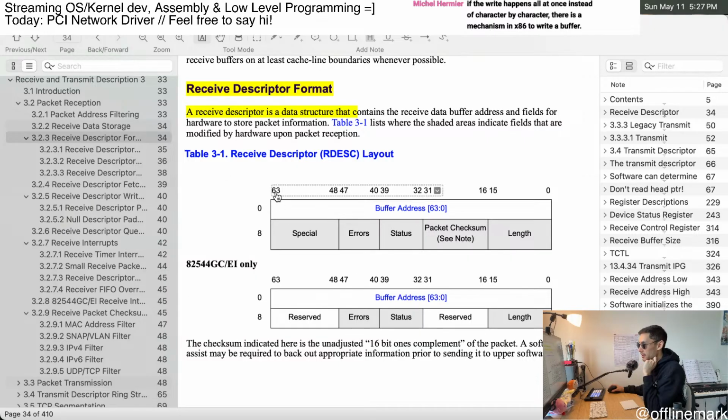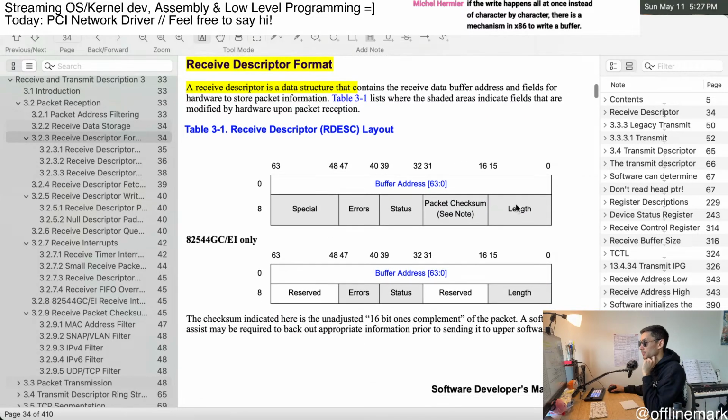What I'm kind of thinking of, I'm just double checking this structure declaration from the hardware. I was just wondering if there's anything I need to zero out when processing the packet, but I don't really think so, because all of this stuff, the shaded areas indicate fields that are modified by the hardware upon packet reception. So hardware is going to write through all of this.